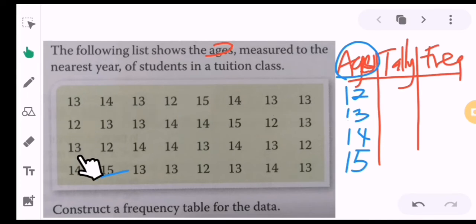If you are going vertically like this by column, make sure you go vertically. Do not check like 12 is here, then you see a 12 here, you come count it. You see 12 there, you go count it. You see another 12, you will mess up your work. You will double count, triple count, and even forget some.